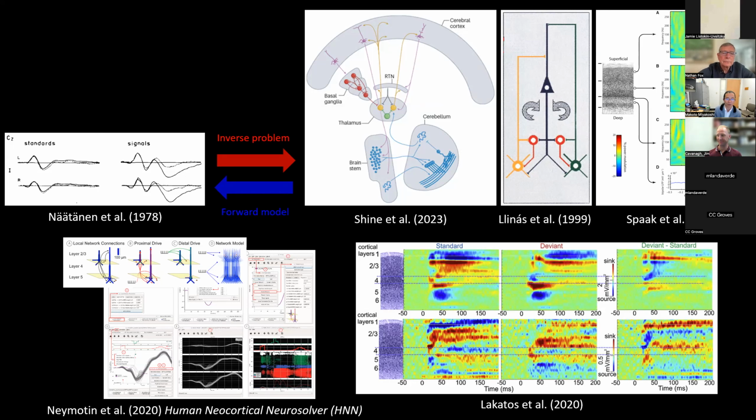So this is one example of such a forward model called HNN, Human Neocortical Neurosolver. We basically simulate the cortical mechanism and thalamic inputs, and eventually this simulation environment generates oscillatory, EEG or MEG signal-like output. So using this forward model, we can make more interesting studies. That's the benefit of having a good generative model in our mind.